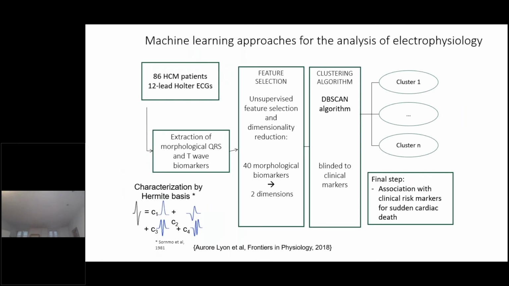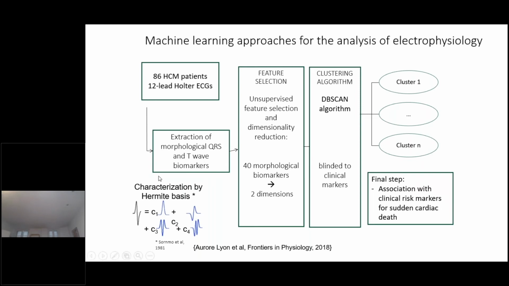For this we have started looking at alternative machine learning approaches. One of the examples is this work by Leon et al. here at Oxford, with only 86 hypertrophic cardiomyopathy patients, in which the electrocardiograms were represented by a Hermite basis.